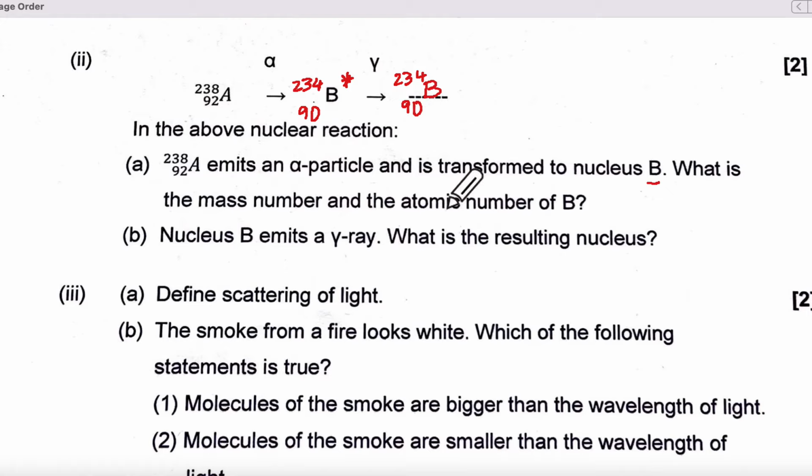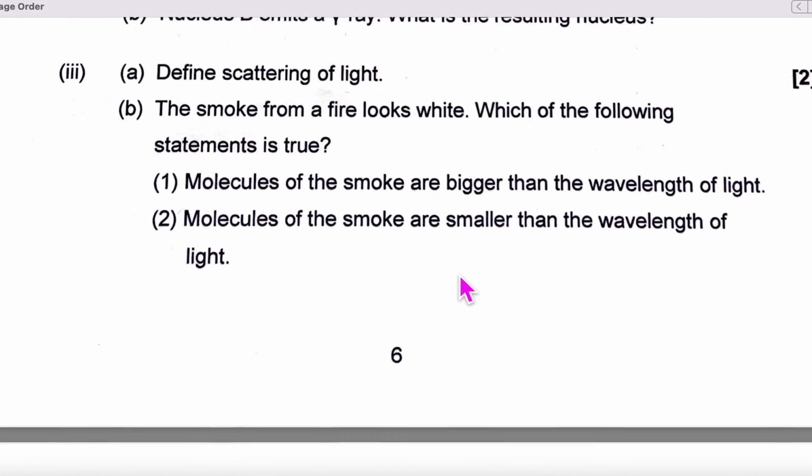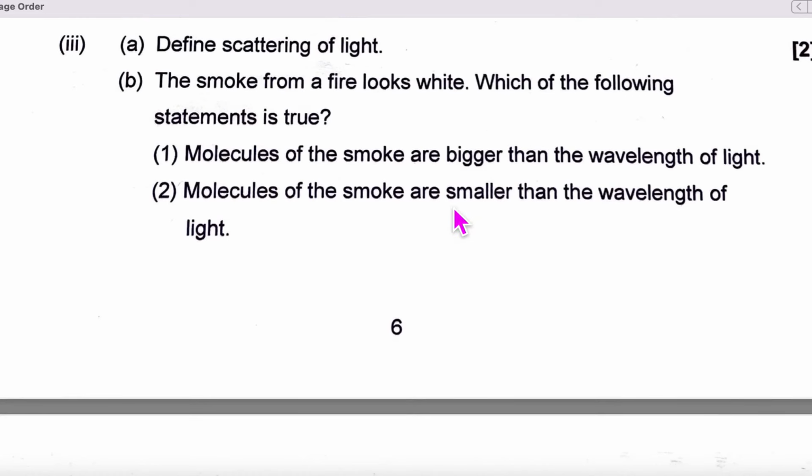What is the mass number, atomic number? Easy. What will be the resulting nucleus? It will be the same, correct, but it will not be in an excited state. The resulting nucleus means you have to tell mass number and the atomic number. Let us go fast because we are not having enough time to complete the whole paper.